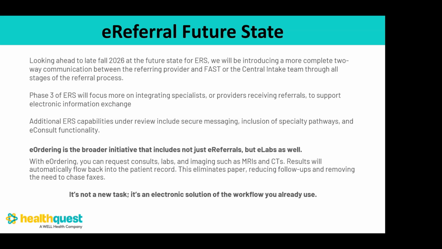Results will obviously automatically flow back to the patient's record, which eliminates paper, reduces follow-ups, and removes the need to chase down faxes. So this is not a new task. It is simply an electronic solution of the workflow you already use. So eLabs is something that we are actively working on to release in the future here for Healthquest. So that would then be the second piece to that e-ordering.